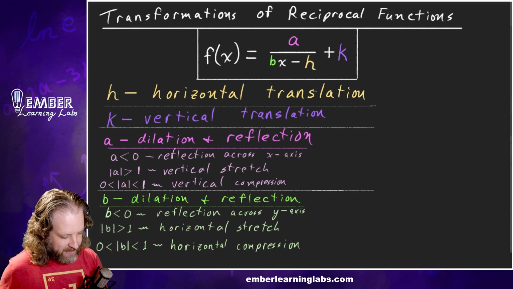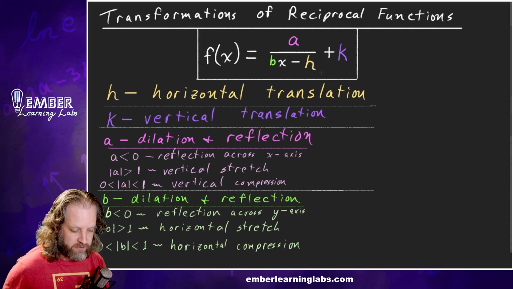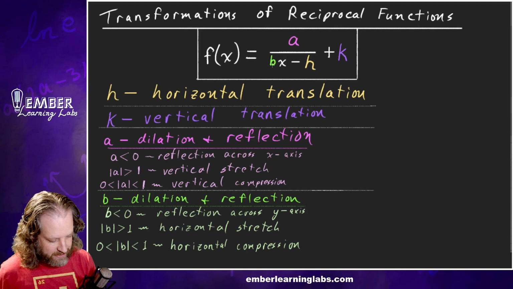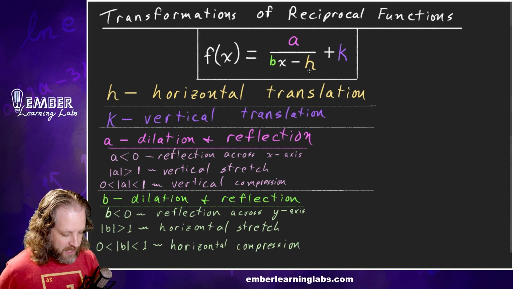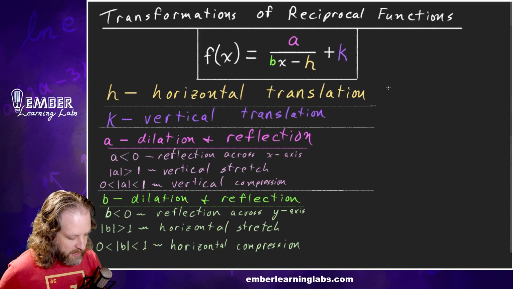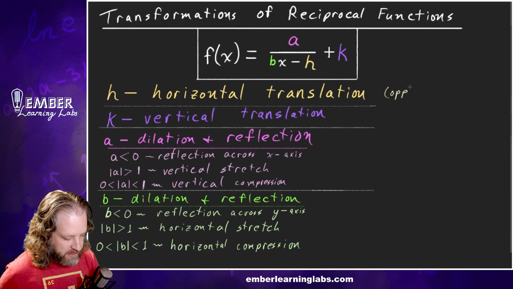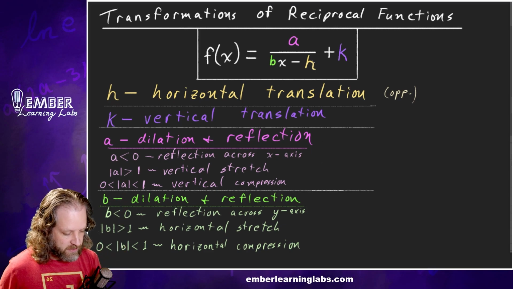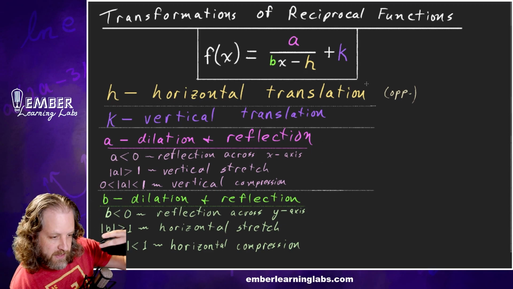The inside parentheses that we typically talk about is down in the denominator, right? So the H, just like always, is going to go opposite of what we expect because of this minus right there. The K is the vertical translation, up and down. The H is the horizontal, shifting left and right.